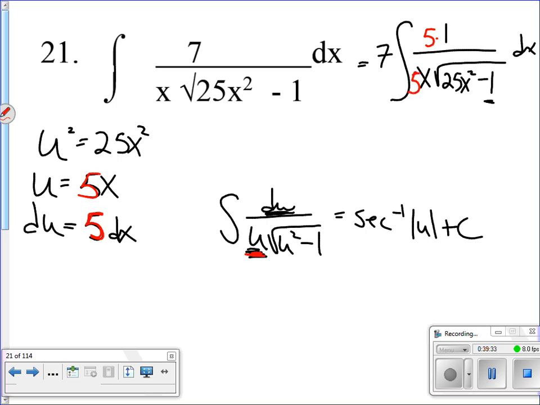So I don't have to compensate outside, because what I've really multiplied inside by is 5 over 5. We needed a 5 in the numerator for the factor of du, and a 5 in the denominator for the factor of u.